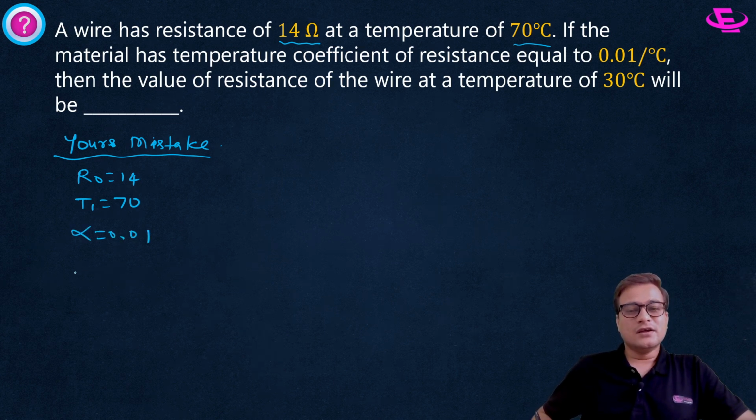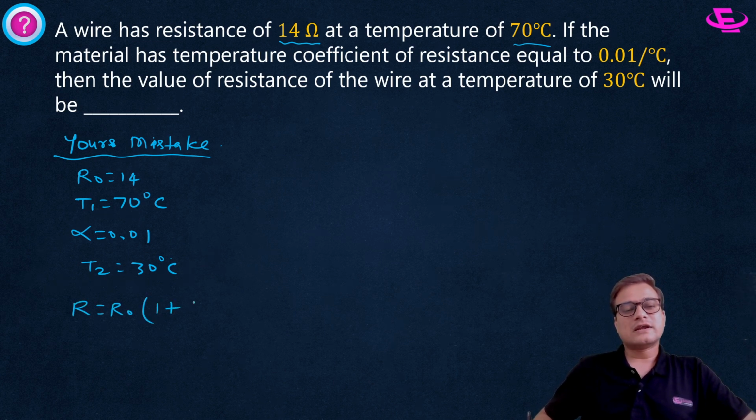Next you will write T2 equal to 30 degrees Celsius, and T1 is 70. Then you will write R equals R naught into 1 plus alpha delta T. From here you will write R naught 14 into 1 plus alpha, 0.01, into T2 minus T1, that means 30 minus 70, which is minus 40.